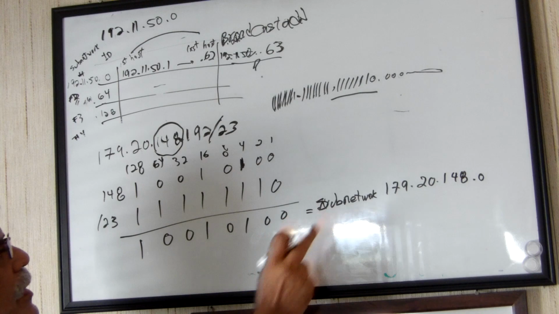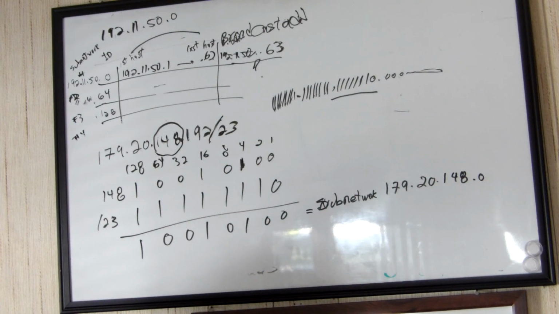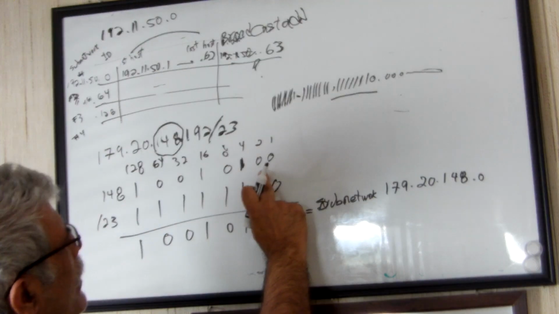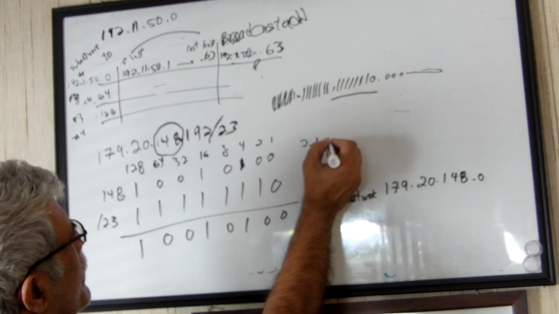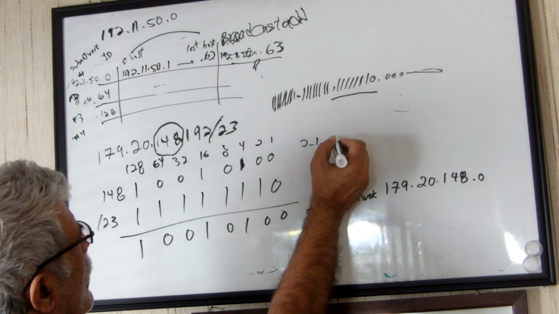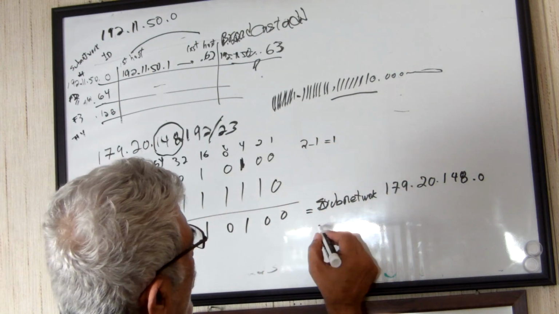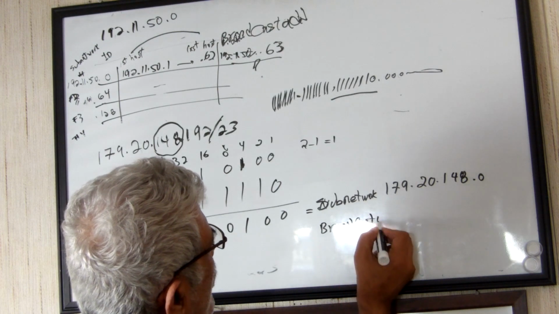If you want to find out the broadcast, what you do, in the backslash, this is the last one, as you say 2, you deduct 1, 2 minus 1 is going to be 1. So that is going to be the broadcast ID.